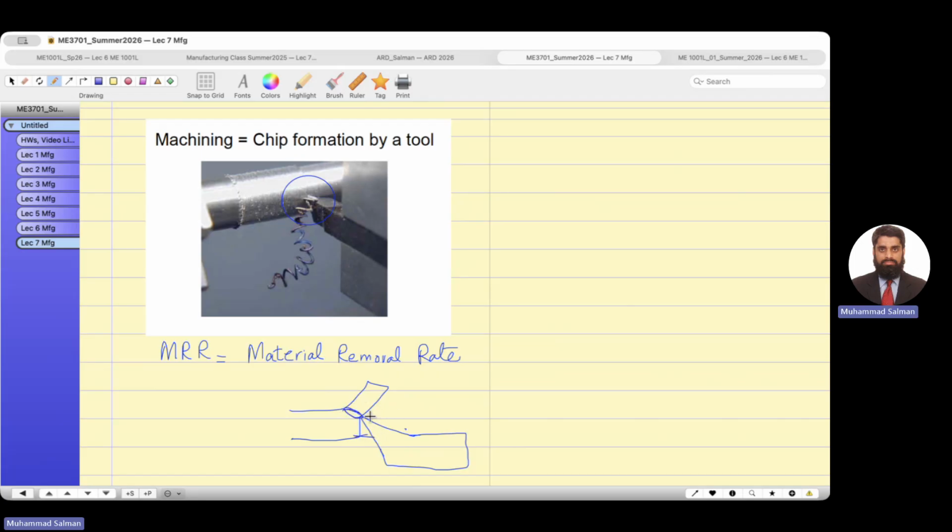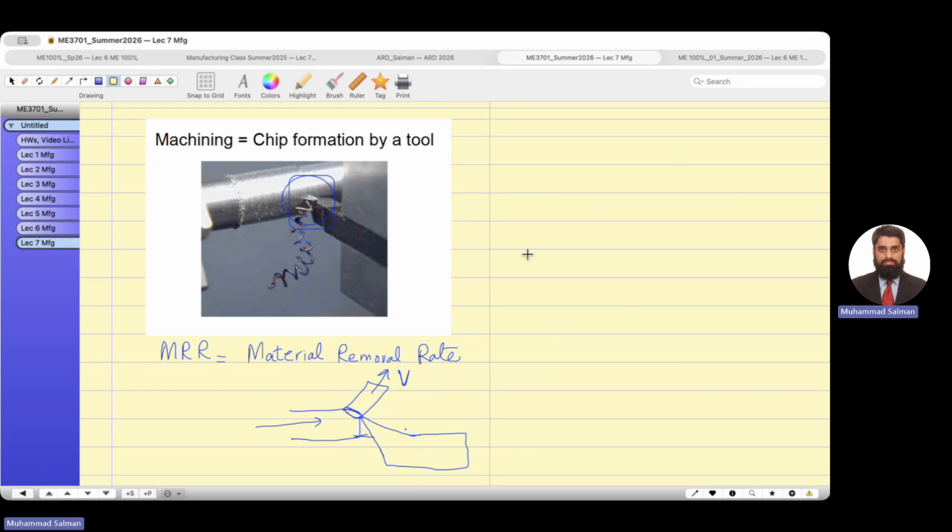The cutting is happening right over here. This is velocity, chip velocity. You see when the workpiece is coming and then the material is flowing inside. I will go into the detail and my focus would be more on the tool workpiece interface. How much chip is being removed.